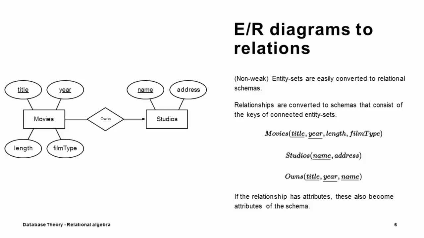They pulled from movies the title and the year, and also name from studios. So if that owns relation would have its own attribute, then that would be also an attribute of the owns schema. And that way you can make any combination now of the movie and the studio.